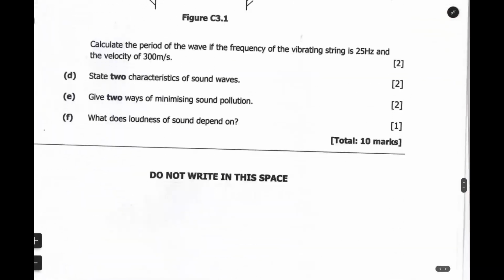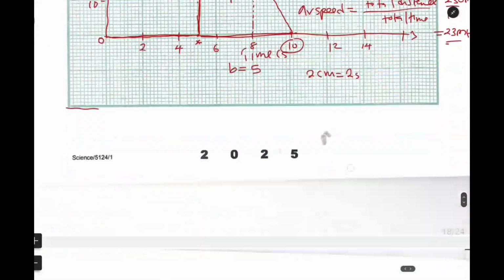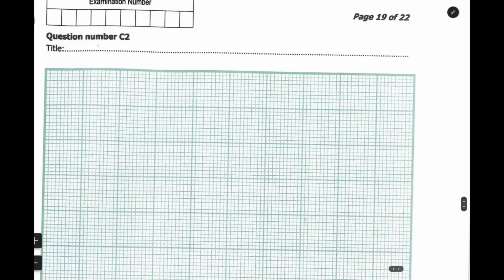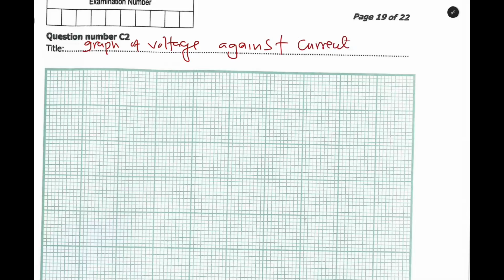Okay, so let us see how we can plot the graph. So here is the graph. What is the title? Graph of voltage against current. Okay, so let us plot it.